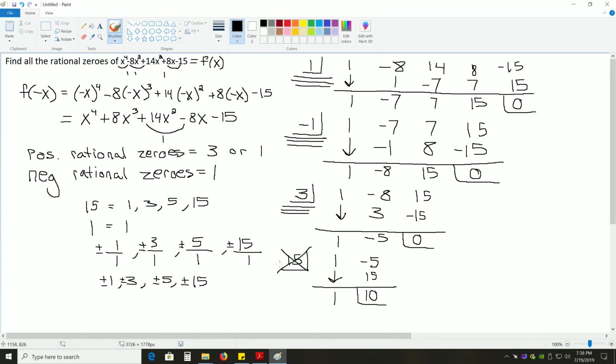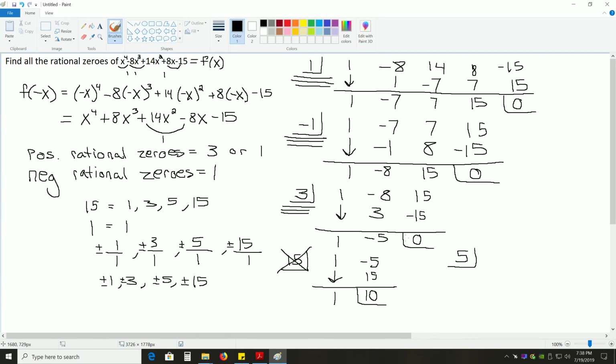So we eliminate 15 as a possibility, and we go back to the 5 that was left over. We do have to check it, as we could have made a mistake earlier, so we cannot just assume that it is a factor for sure. So we'll take our 5, and this is what I was noting earlier. We cannot use this quotient because the remainder was not 0.